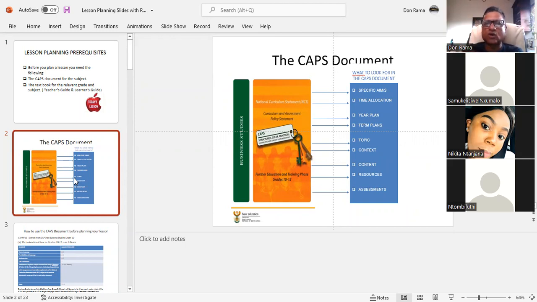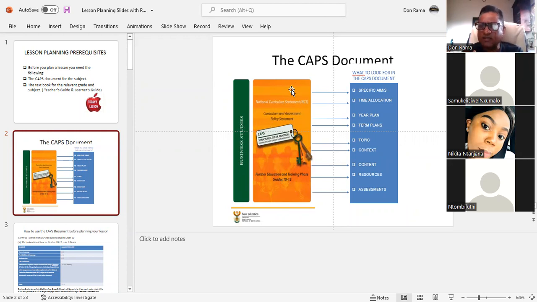So all the CAPS documents, when you find them on the internet, have the standardized cover, this orange and green. The subject is written on the side. Here it's business studies, and this is the CAPS document for grades 10 to 12.